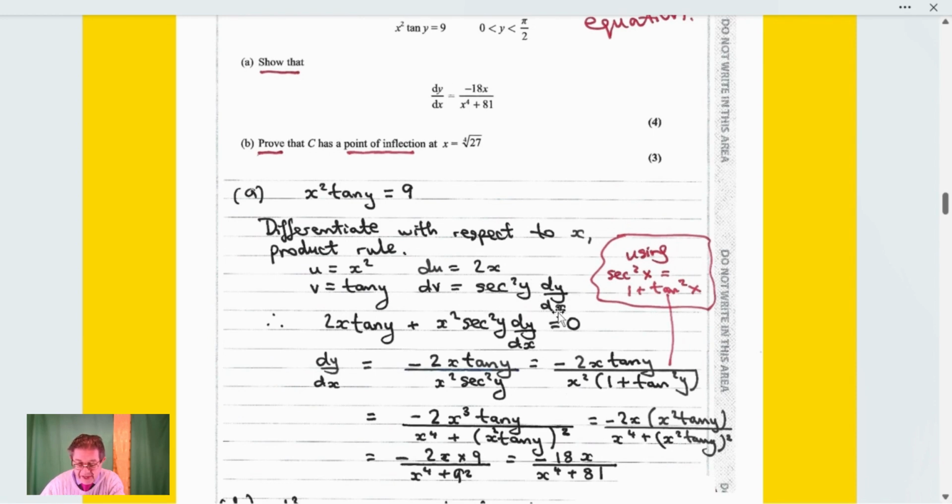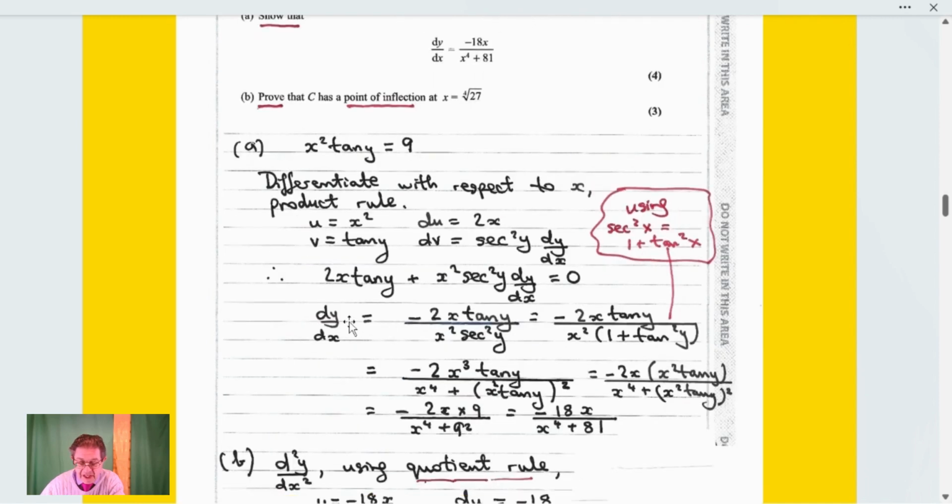The reason the dy/dx is here is that we're differentiating tan of y with respect to x. So we do it with respect to y and get sec squared of y, and then we have to multiply it by dy/dx. So the left-hand side differentiates to 2x tan y plus x squared sec squared y dy/dx, and the right-hand side differentiates easily to 0.